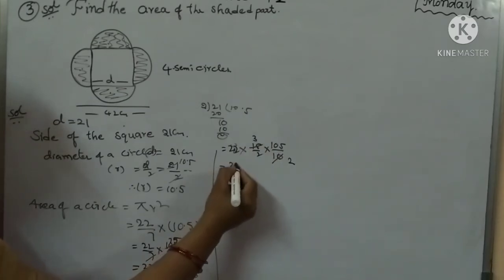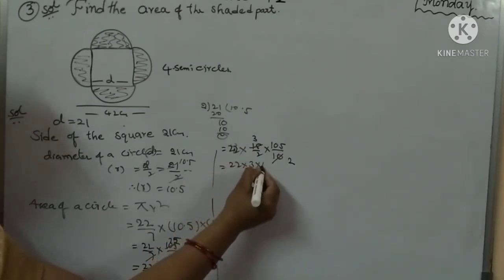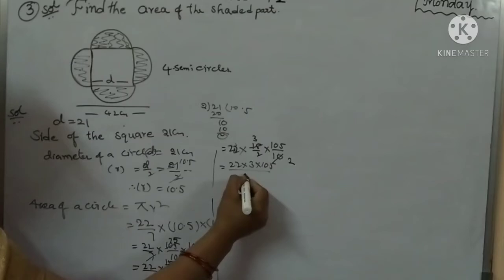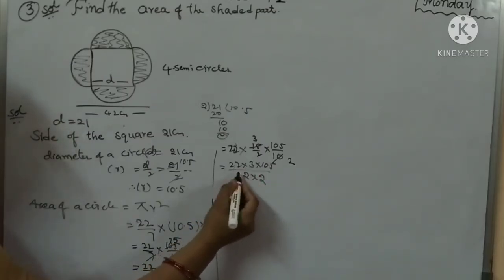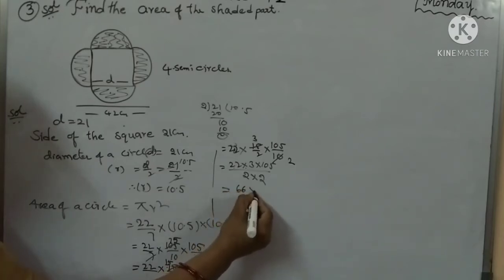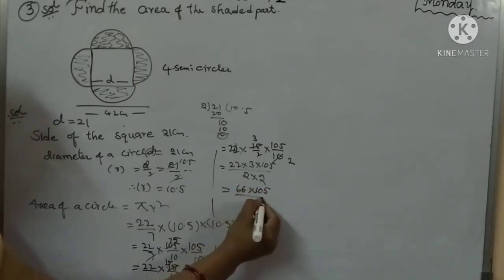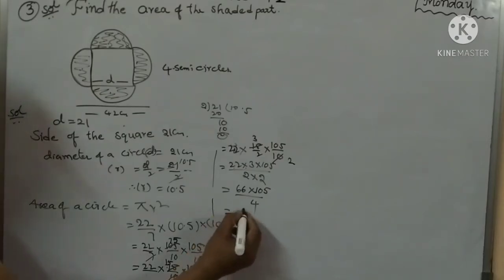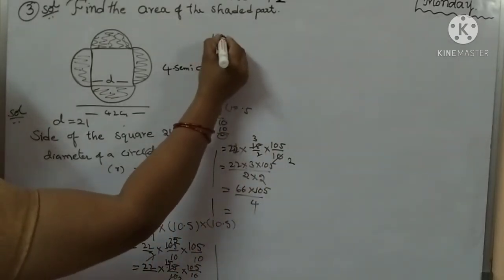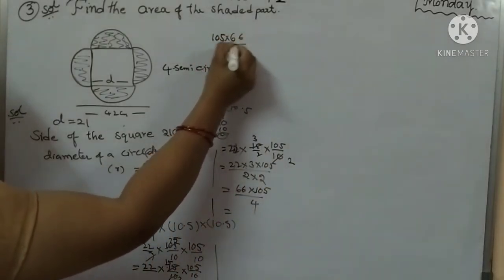So here write 22 into 3 into 105/2 into 2. So 22 threes are 66 into 105/4. So here the value of 66 into 105.